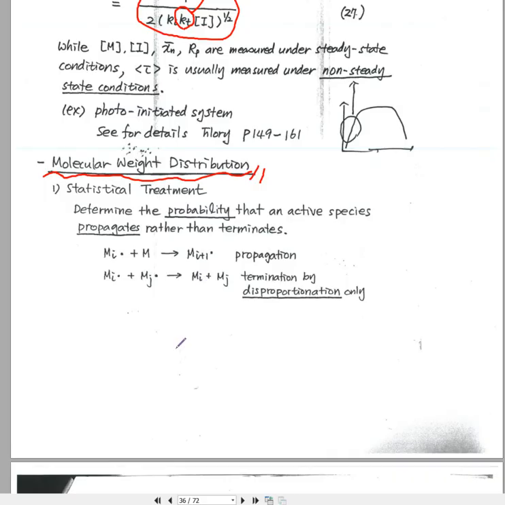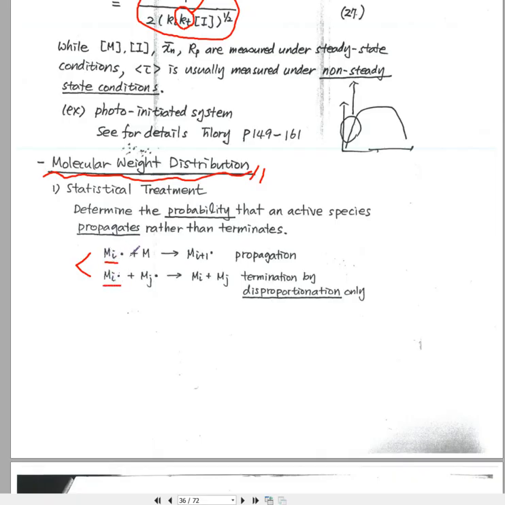So what we want to do is determine the probability that an active species, here a free radical, propagates rather than terminates. There are basically two fates that this free radical can have, right?